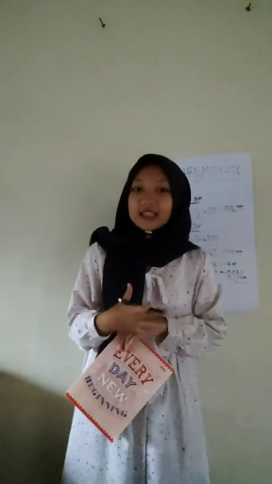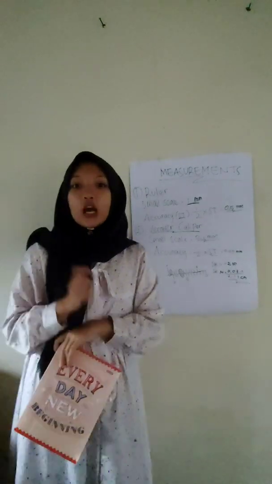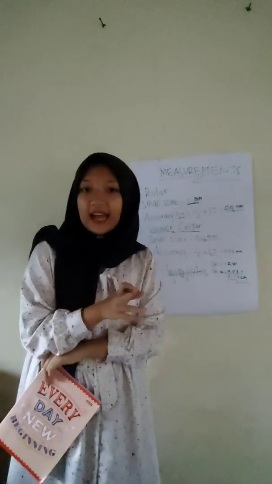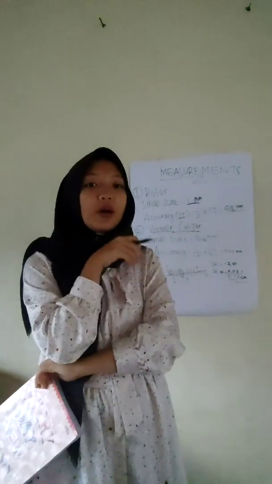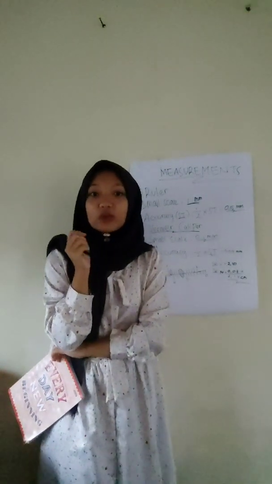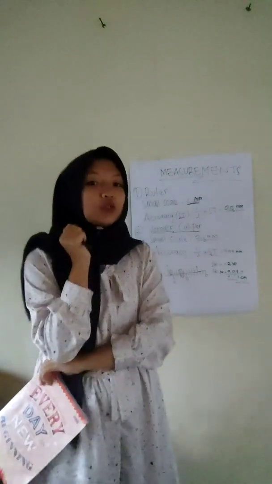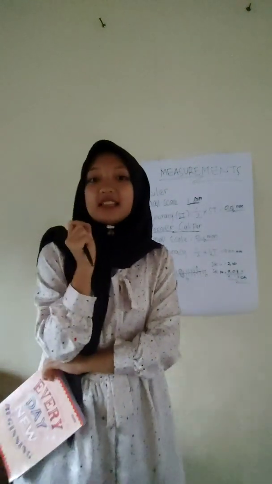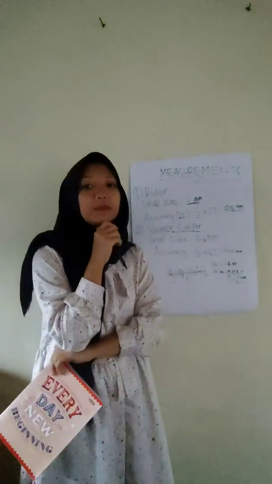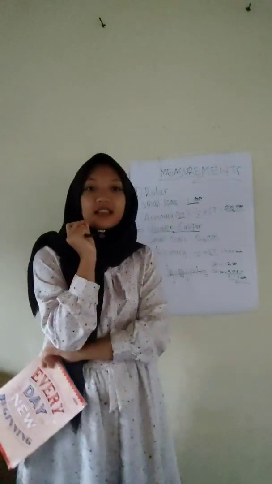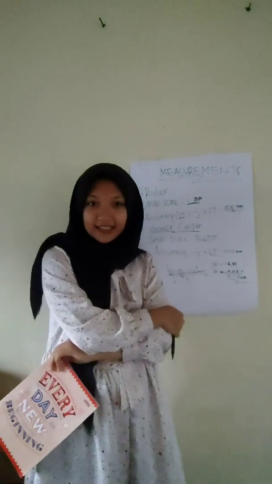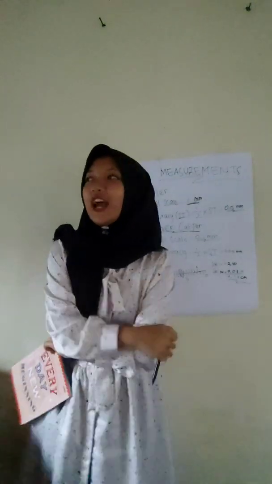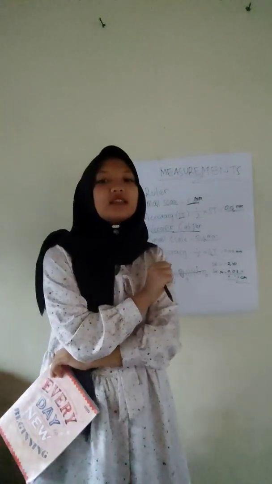To determine the nonius scale, the way is to look at the line that coincides between the main scale and the nonius scale, the line that forms a straight line.